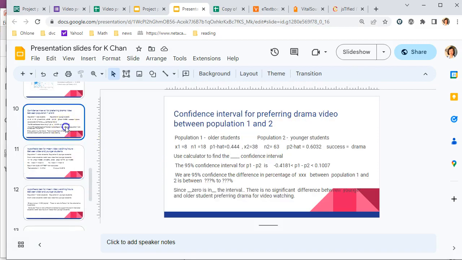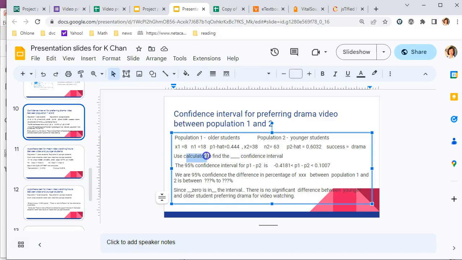For the confidence interval, you basically use the calculator. Did I talk about it? Use the calculator, 1-PropZInt, to find the 95% confidence interval.